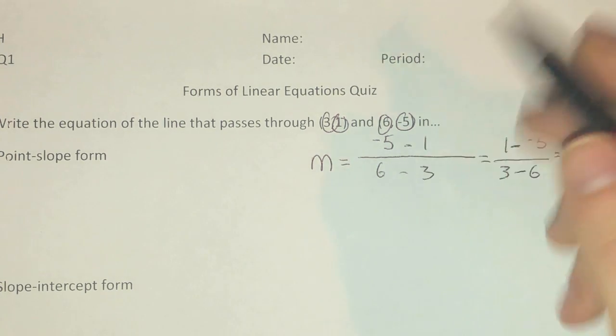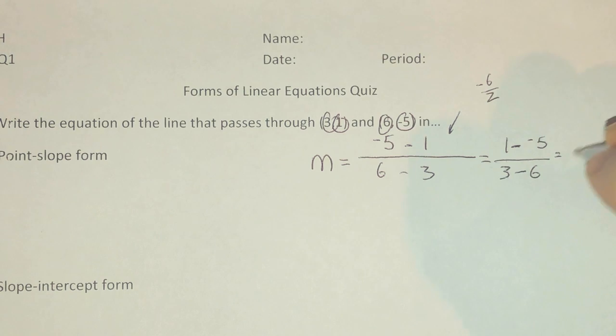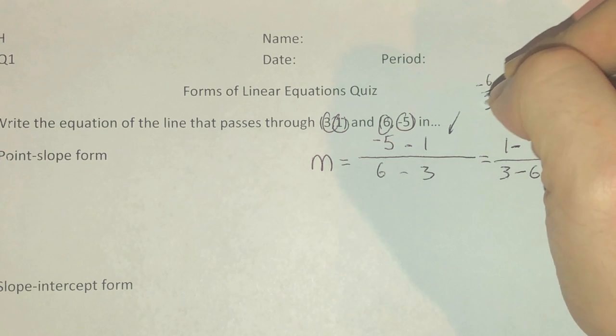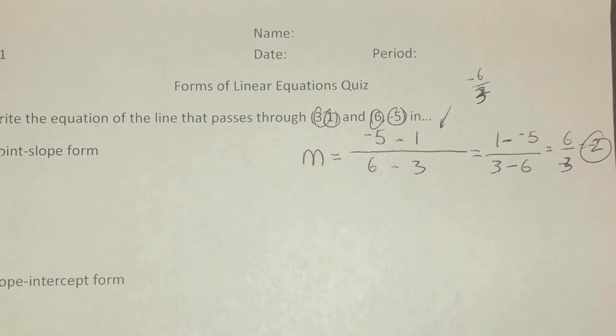In either case, if I did this, I would get -6 over 3. If I did this, I would get +6 over -3, which in either case is equal to -2.